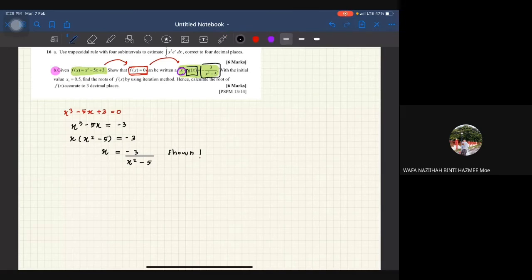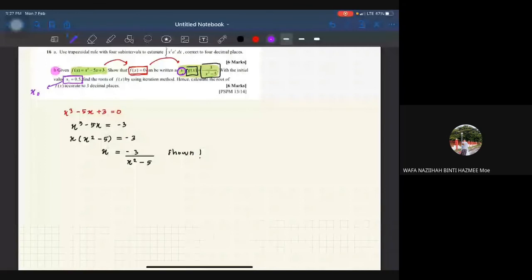Boleh faham ke? This is actually our x naught, 0.5. And then dia minta kita find the roots of fx by using iteration method. What is iteration method? Kat mana kita jumpa perkataan iteration method ni?